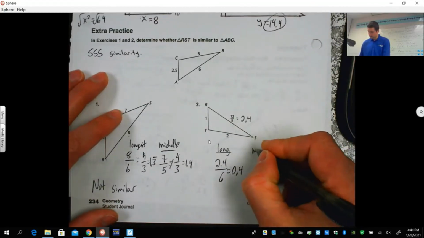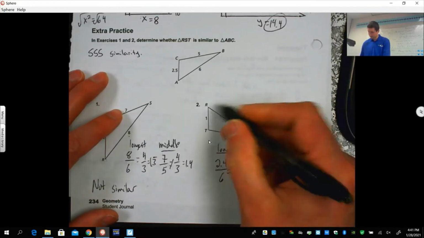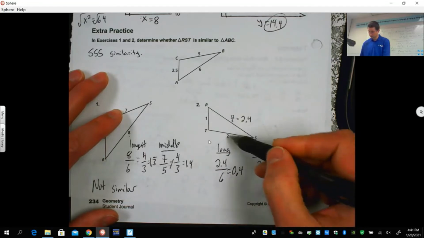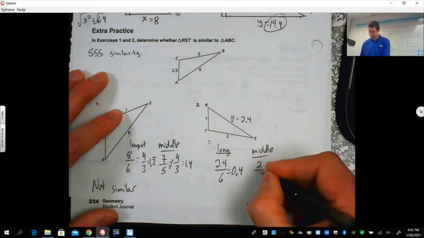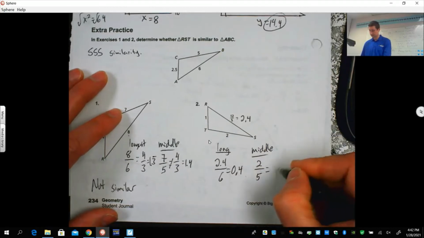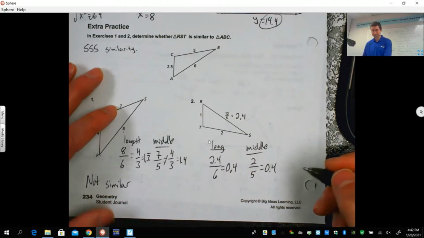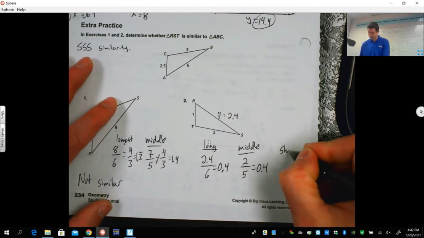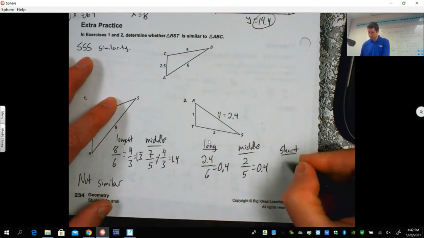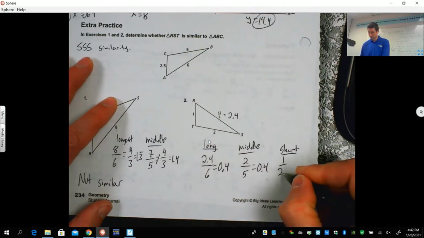Okay, let's check the middle sides. So I've got 2 over, the middle side here is 5. 2 over 5, that is 0.4. We're looking good. And check the shortest sides. So we get 1 over 2.5.